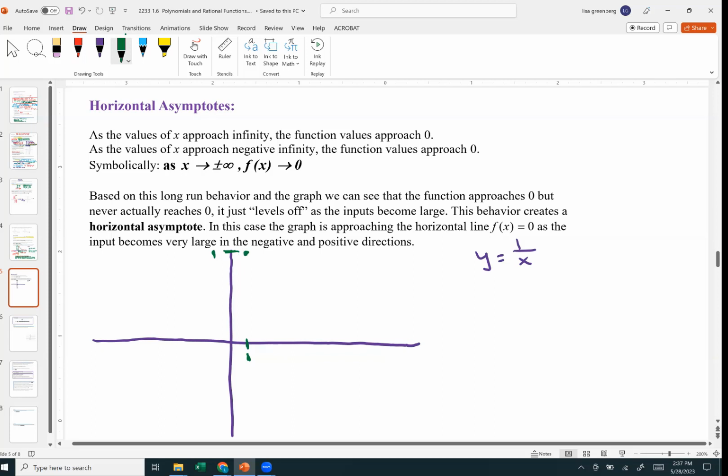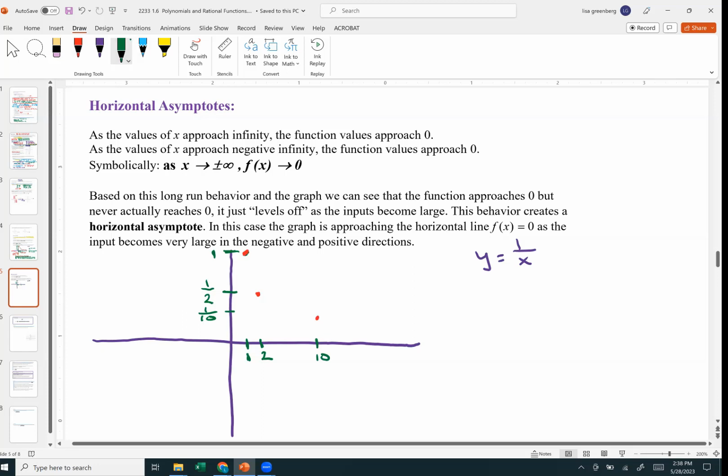Okay? And now, when x equals 2, y equals 1/2. Right? Plug in 2, I get 1/2. And then let's get bigger. So when x equals 10, y equals 1/10. I have a point here, I have a point here, and let's make this in red as well.